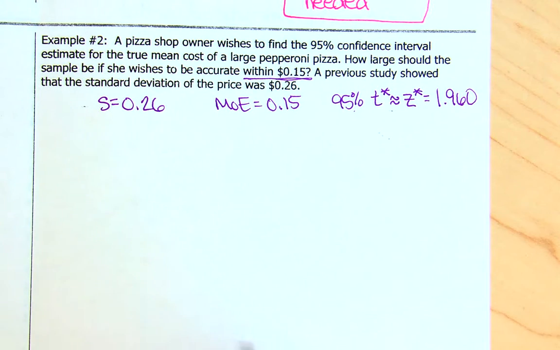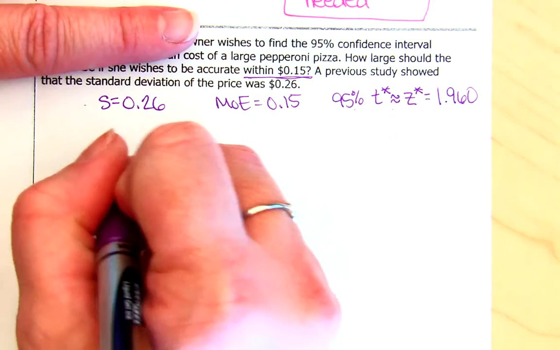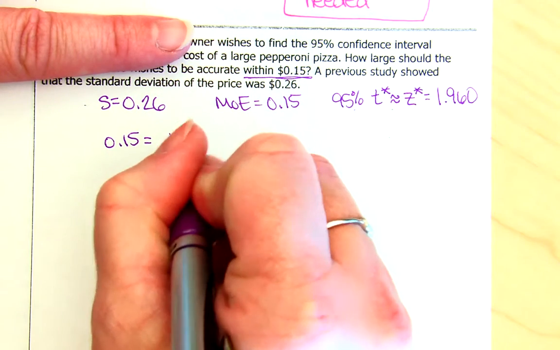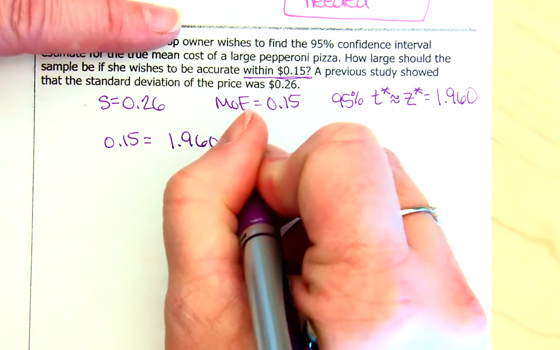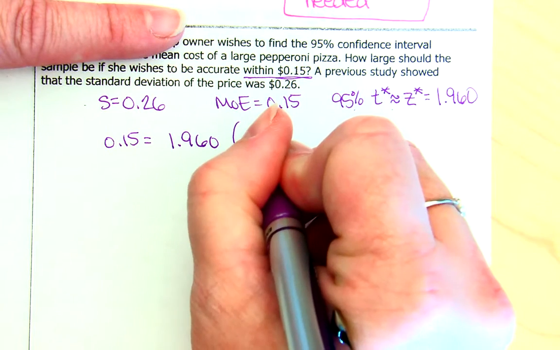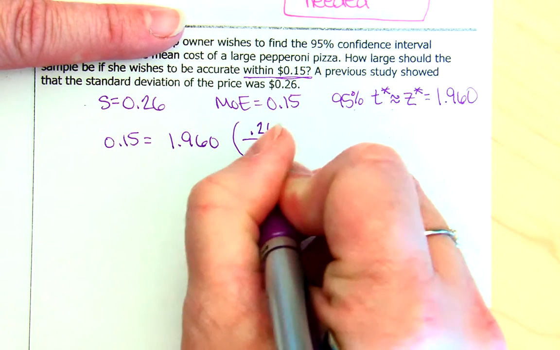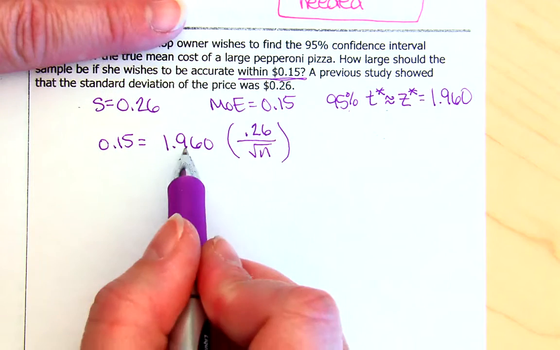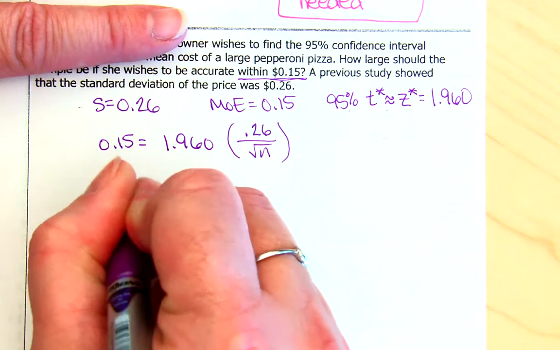All right, so we're going to plug into our formula. So margin of error equals our critical value times s over square root of n. And we're just going to solve for n. So I'm going to divide by this 1.96.